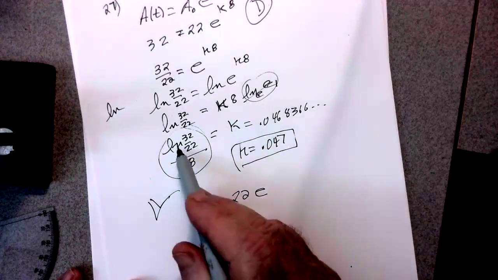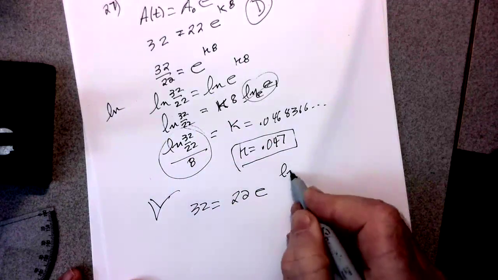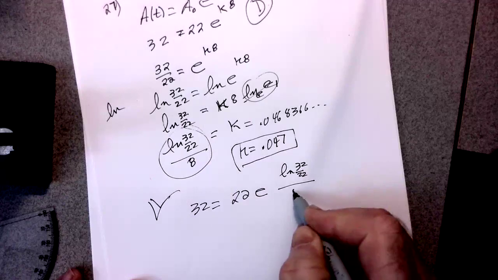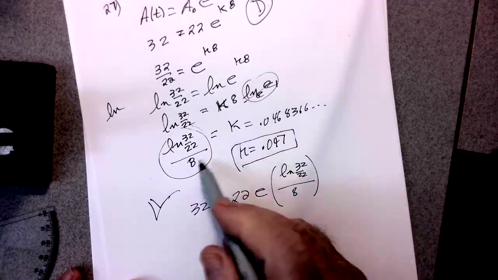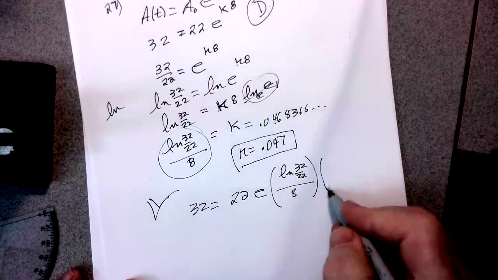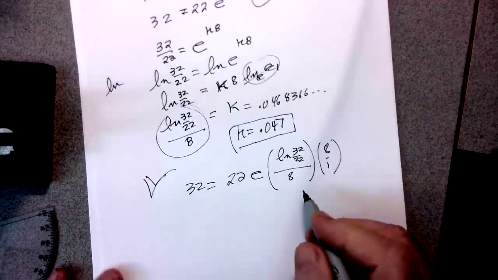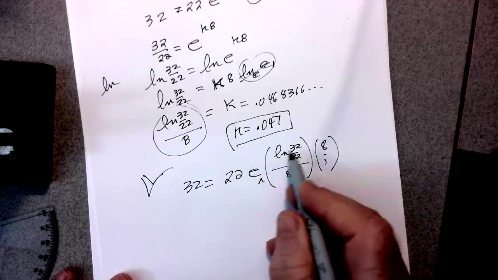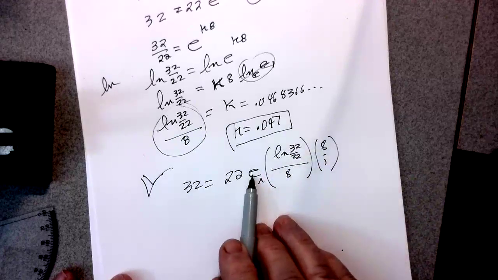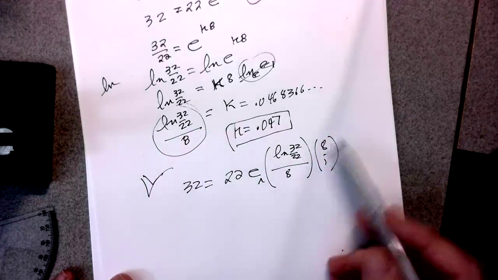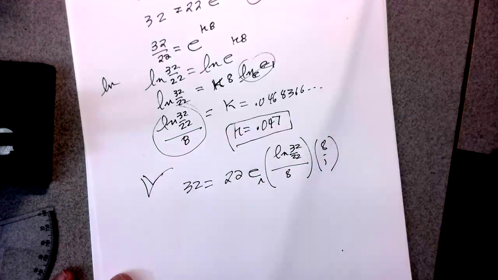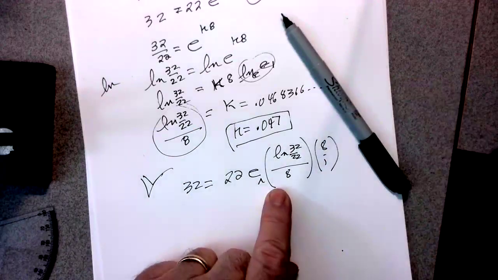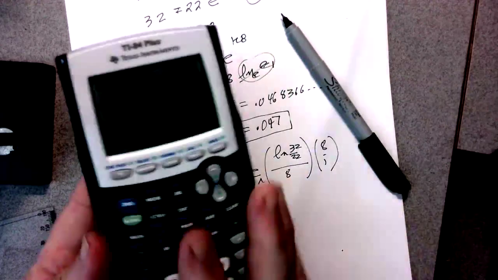So I'm going to put in this ln of 32 over 22 divided by 8 times 8. This looks kind of weird, but this is the exponent that's on e. Now you notice what's going to happen, don't you? The 8s are going to cancel out, but let's make sure that this calculation comes back exactly to 32.